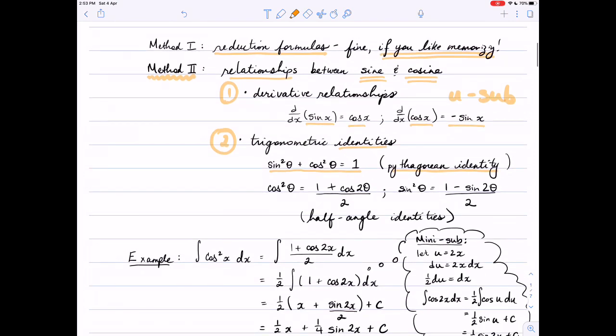And then the second group of identities are less commonly known, so you might have seen these in high school, you might not. They are called the half-angle identities, and there are two of them, one for cos squared theta and one for sine squared theta. The half-angle identities are these.